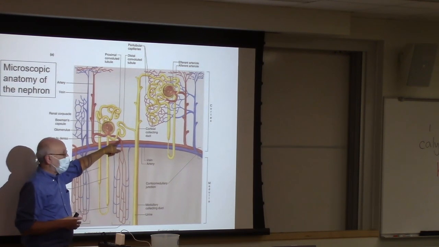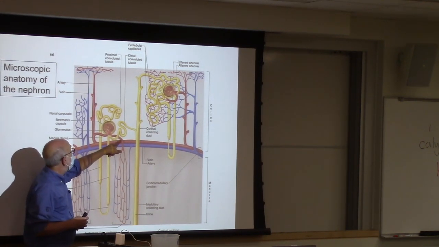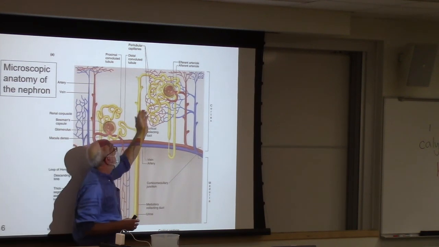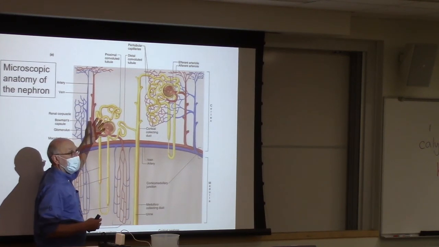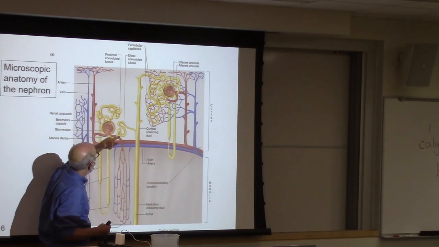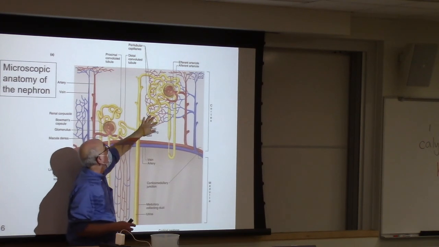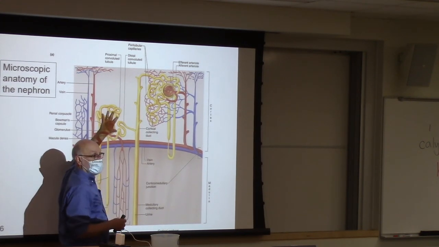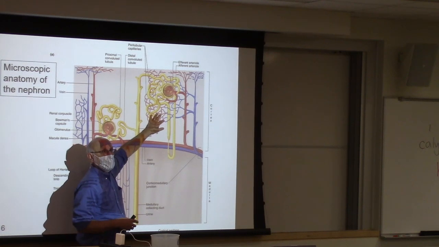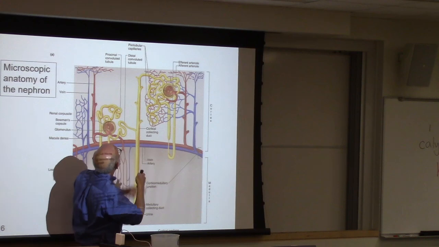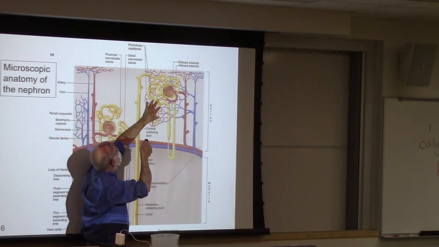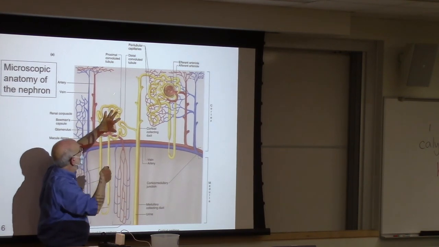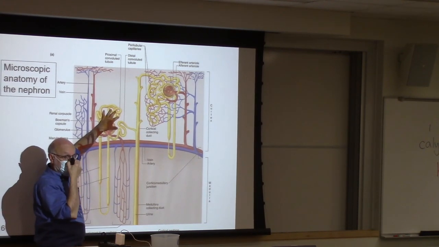Blood from the efferent arteriole then goes either into a set of capillaries that are called, so this one is just not shown, but it's there as well. So blood could be coming out of here and perfusing this structure, which we haven't named yet. And these set of capillaries is called the peritubular capillaries. You have to imagine that they're here too.